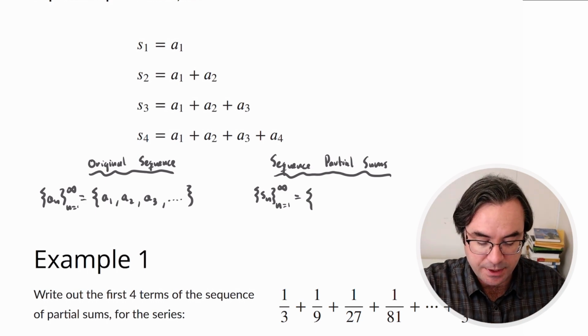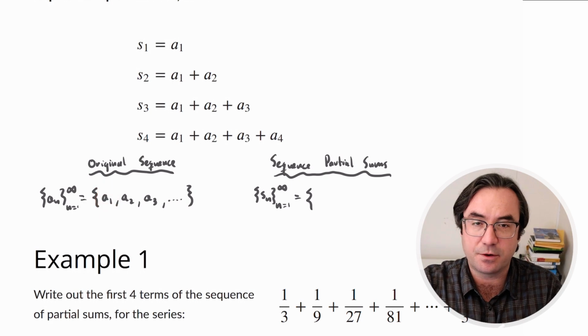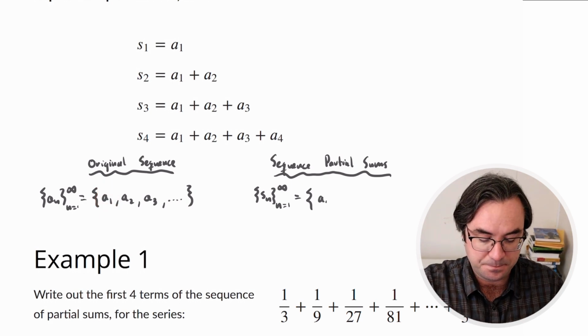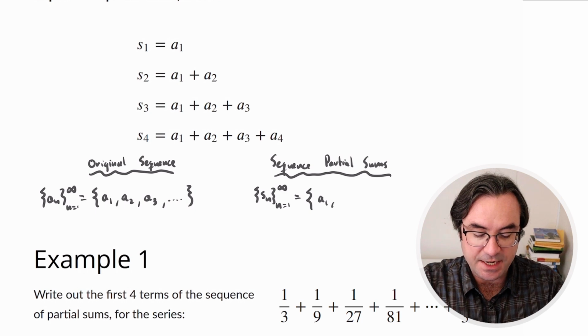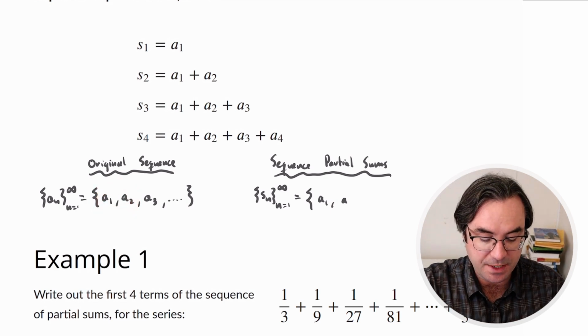Essentially, the very first term of this sequence is just the first term of our original sequence. The second term of this sequence is the sum of the first two terms, so it's going to be A1 plus A2.